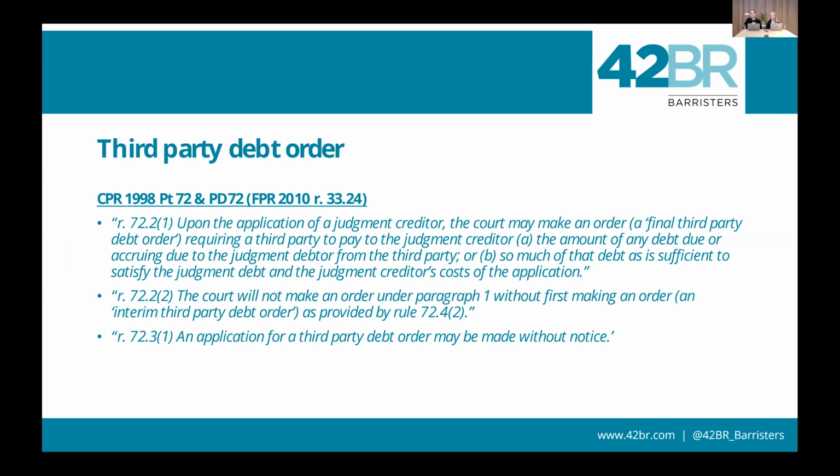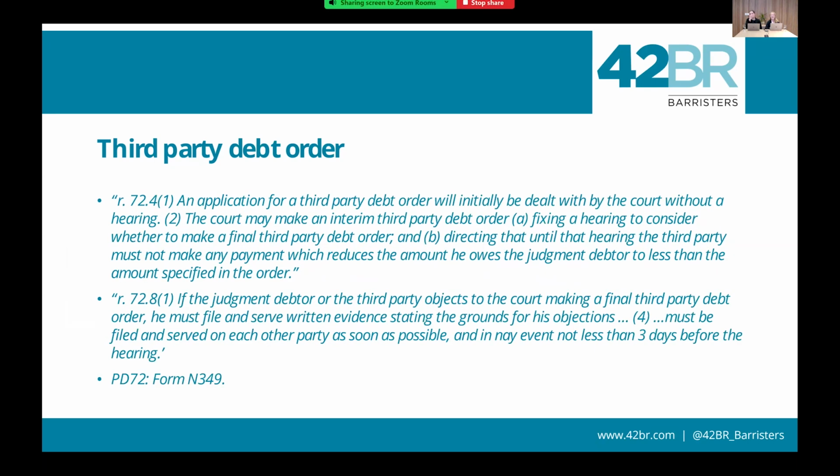If the debtor objects, they can, again, file and serve evidence, and they need to do that no later than 3 days prior to the hearing. And then at the hearing, the court considers whether to make the third party debt order or not. The form that you need for this particular order is an N349.